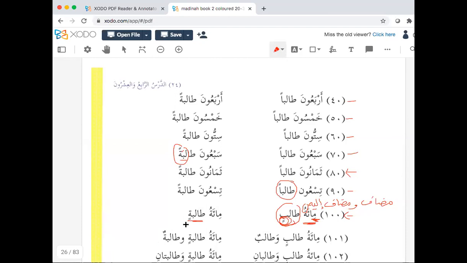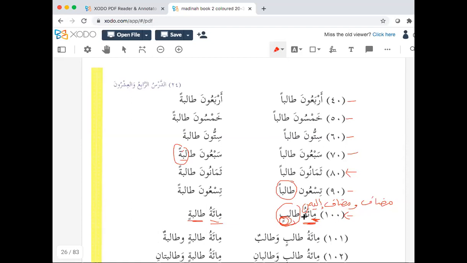to be mudafun ilayhi. And mi'atu talibin, mi'atu talibatin, you can notice that the word mi'atu hasn't changed, even though the ma'dud changes masculine or feminine, mu'annath or mudhakkar, the adad still stays the way it is, mi'atu. Okay, you can't say mi'u talibatin, for example.